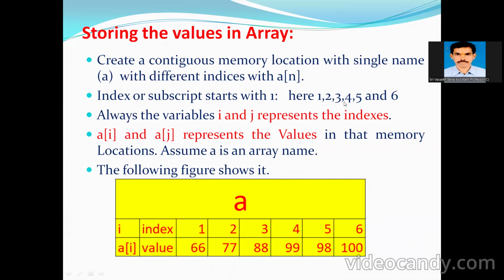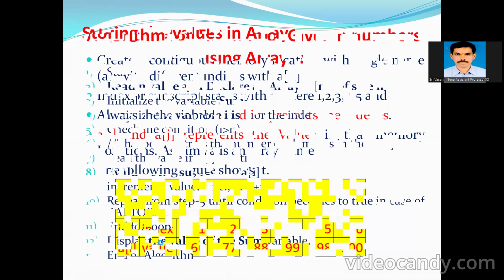Here the indexes are 1, 2, 3, 4, 5, 6, and these indexes are represented with the variable I. Always the variables I and j will represent the indexes, and A of I, A of j will represent the values in those memory locations. Assume that A is the array name. The following figure shows a representation of the given array with indexes and values.